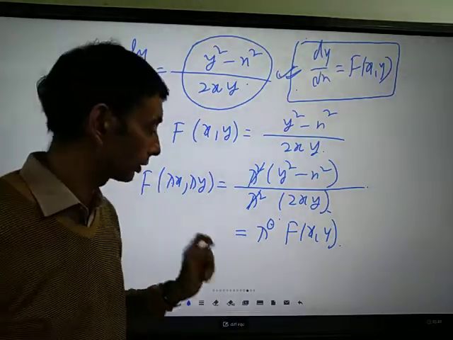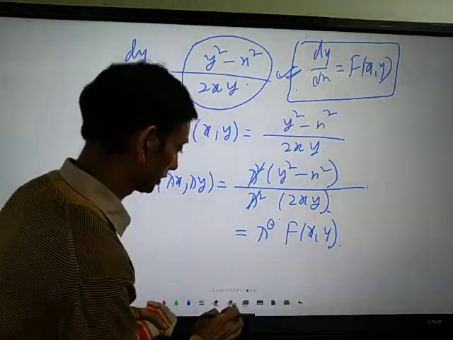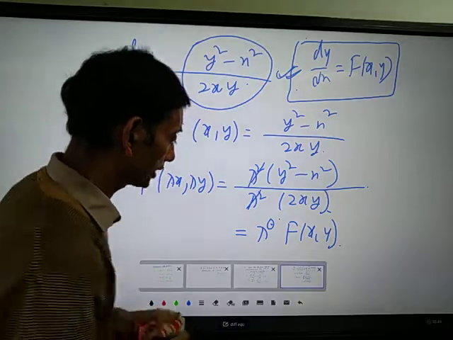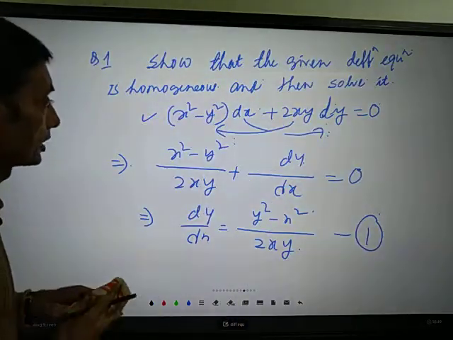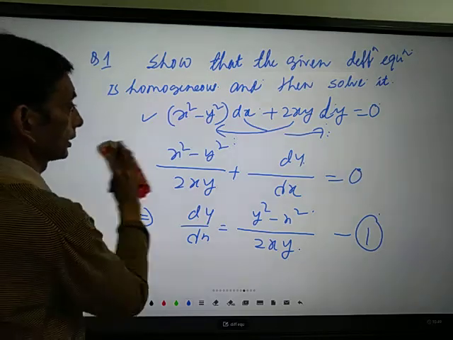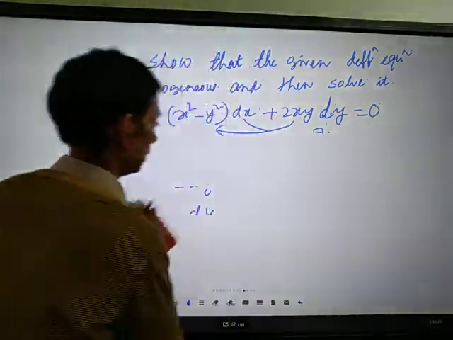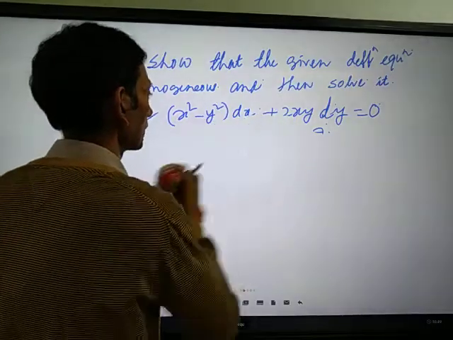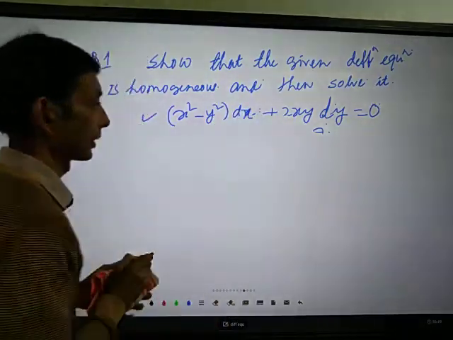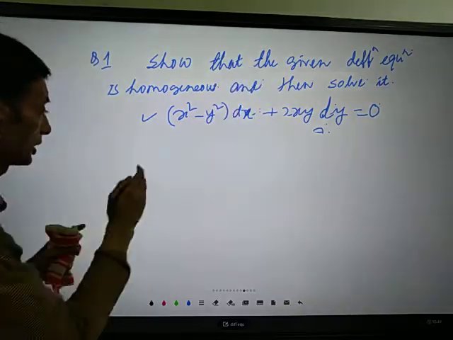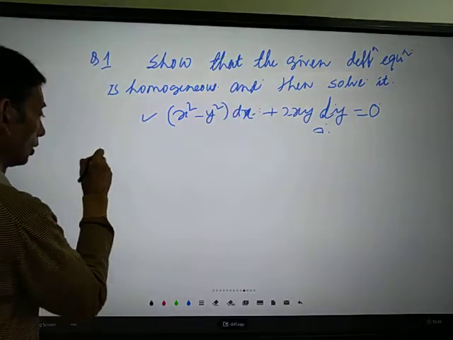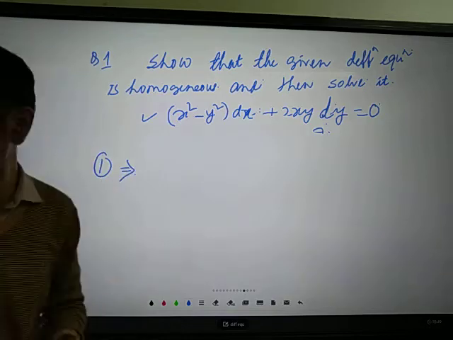Now quickly we are going to solve this differential equation, right? How to solve this? First, again we'll write it in its standard form. The first part you have already done. We have shown that this is a homogeneous differential equation.